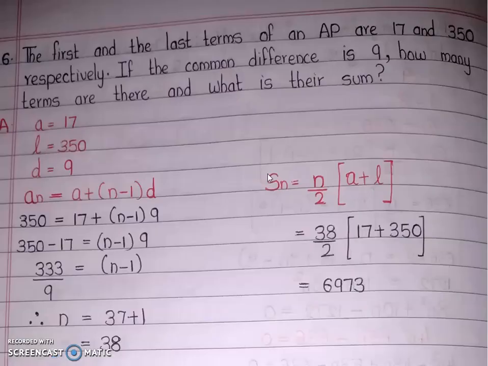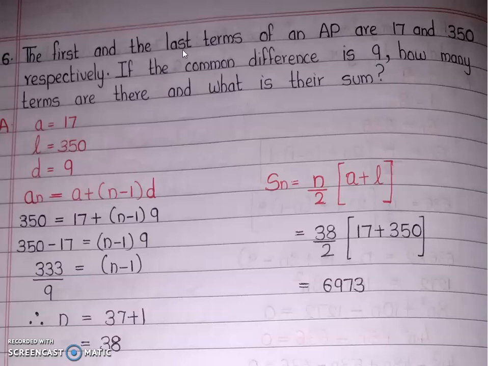The first and the last terms of an AP are 17 and 350 respectively. If the common difference is 9, how many terms are there and what is their sum? So what is given to you? a is given as 17, l is given as 350 and d is given as 9.